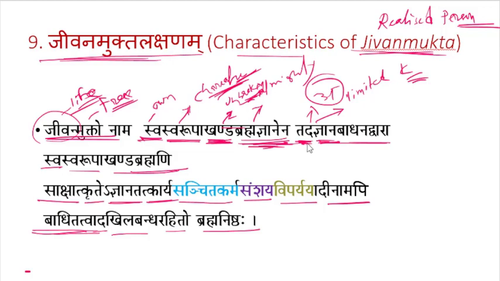What knowledge you had means, yes, I am Jivatma, I have this problem, I have this thing, this body is permanent. That is called limited knowledge. Like I am obese, I am not beautiful, I am not this thing, that thing. That is called limited knowledge. If you go beyond that, that is called Akhanda knowledge. Okay. So Tad Jnana means that limited Jnana, Badhana Dwara.